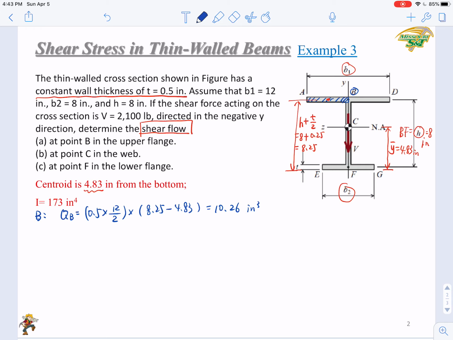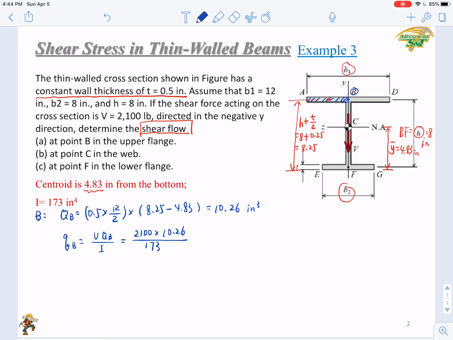Then the shear flow at point B can be calculated as V QB over I. No t this time, since we're only calculating the shear flow. V is 2,100 times 10.26 over I, 173.